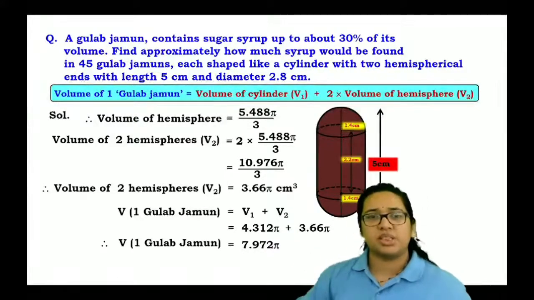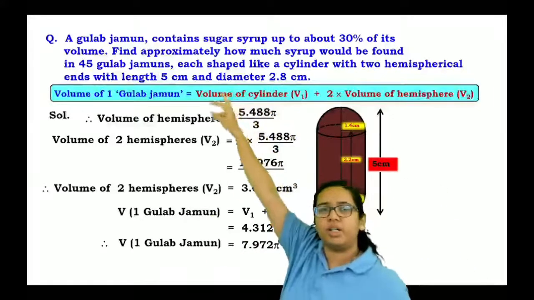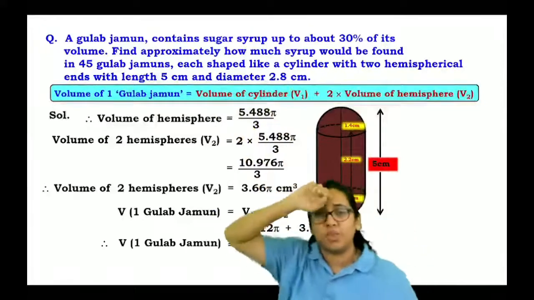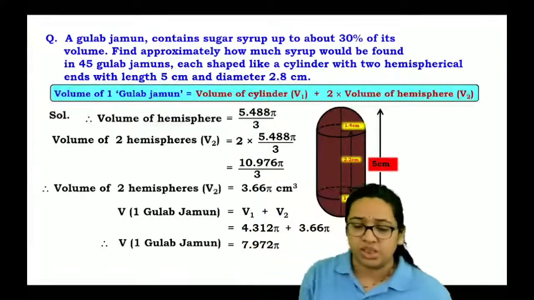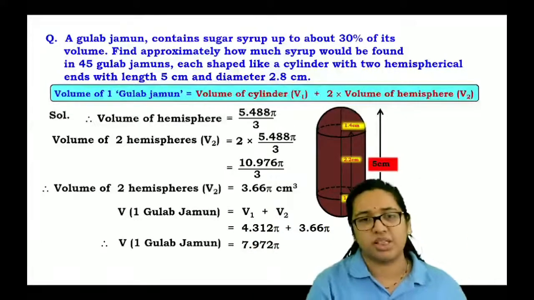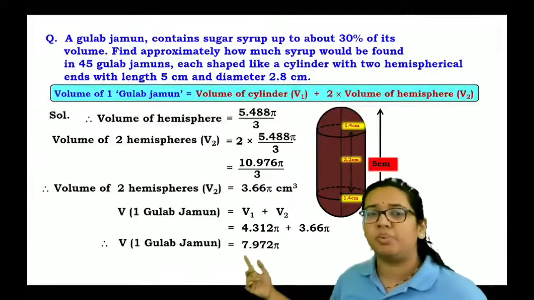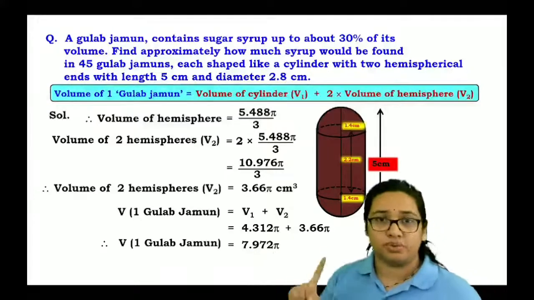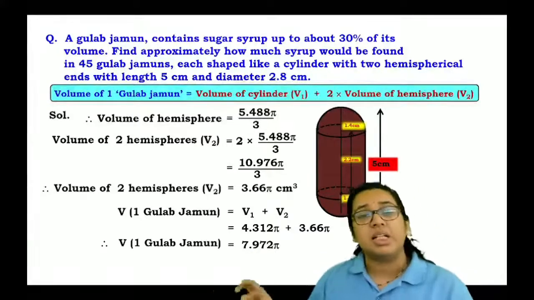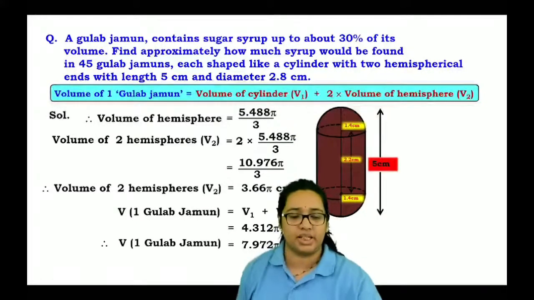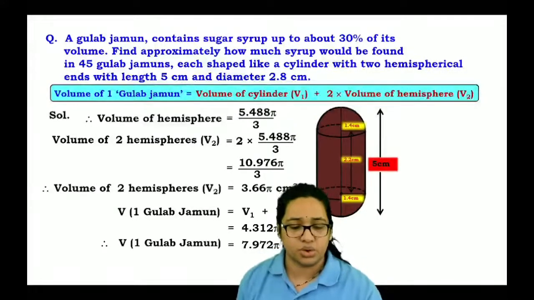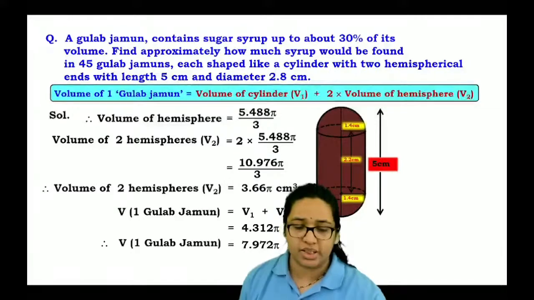Now the question is that you just have to find out approximately how much syrup would be found in 45 gulab jamuns. So for that, the first thing is that you just have to multiply this volume by 45, and after that consider 30% of it. So you will easily get the required answer.